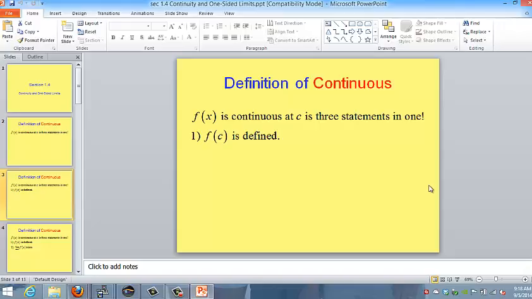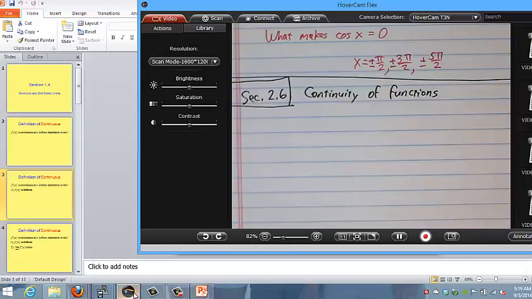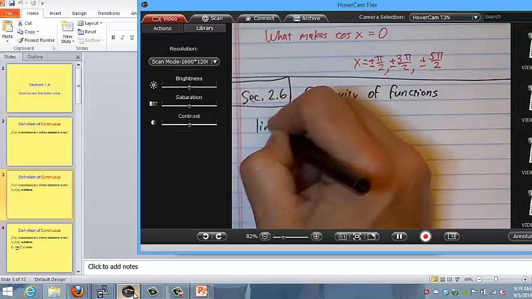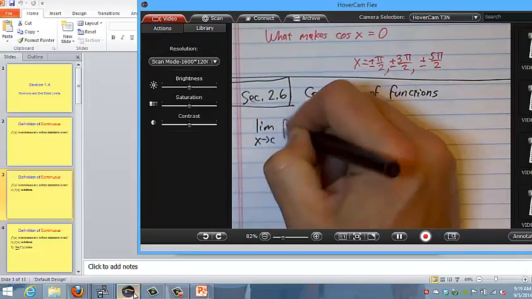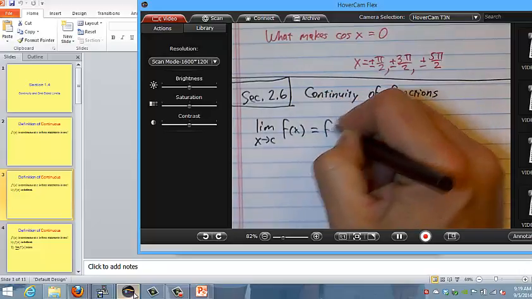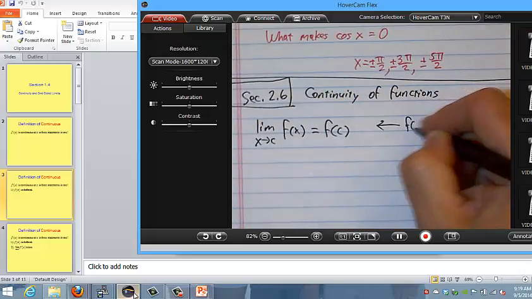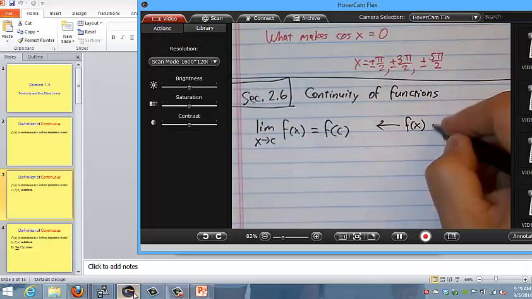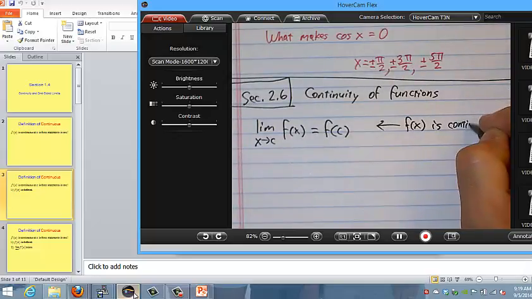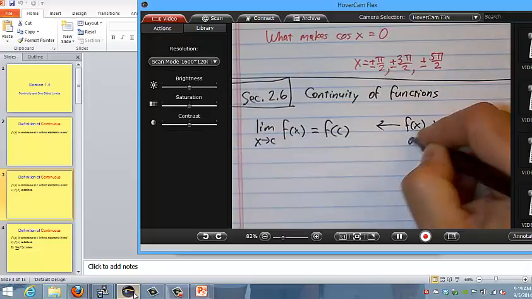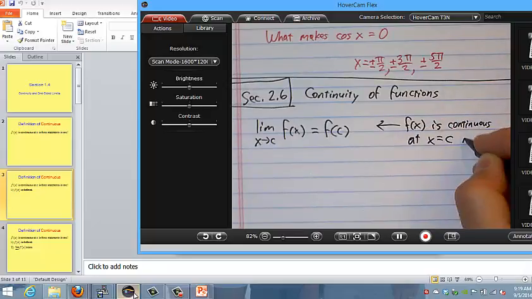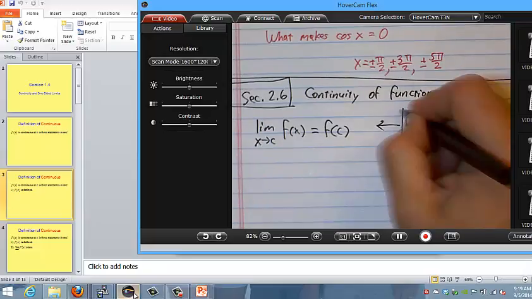But I want to just point out that when I write that equation, limit as x approaches, here, I'm using C here instead of A, so I'll do that. When I say limit as x approaches C of f of x equals f of C, this is what it means for f of x to be continuous at x equals C. So basically, maybe I should have started with this box.